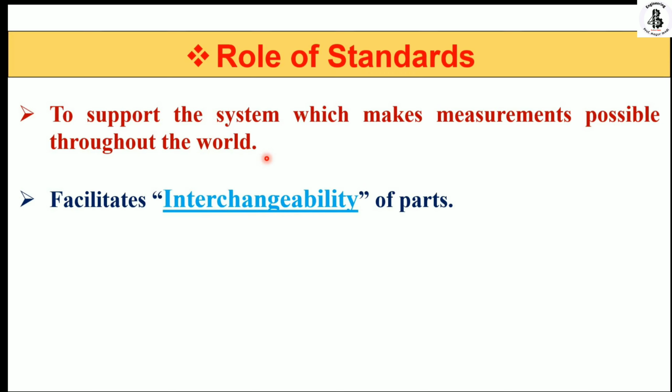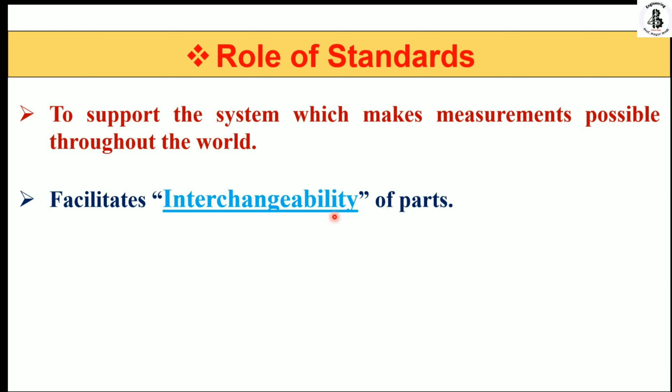Nowadays, in the global market, all the components of a single machine are manufactured at different locations, in different countries. Due to standardization and interchangeability, they are then assembled at a single location.